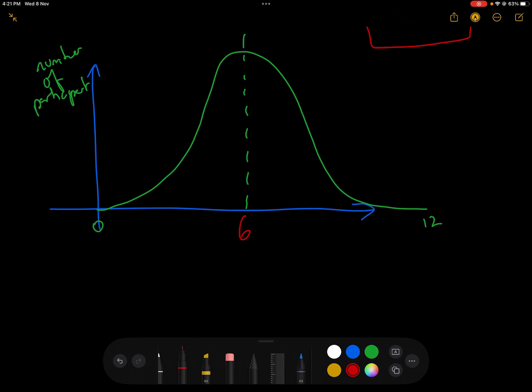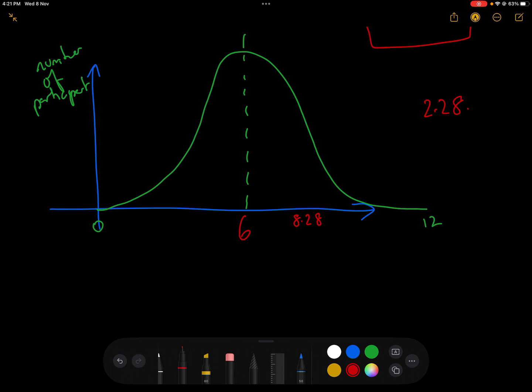Now, where the standard deviation comes in here is that we know from the previous video that the standard deviation of the 2023 experiment was 2.28. We can put this onto the graph. So if we add 2.28 to 6, we get 8.28, which is here.